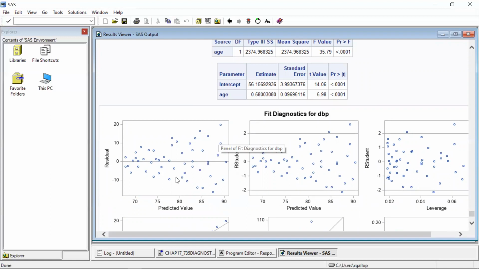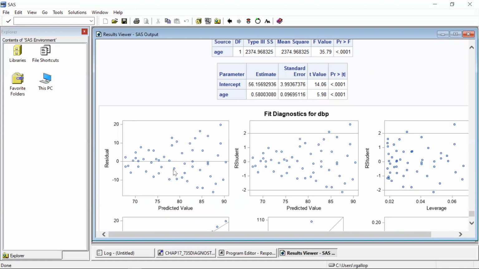Now, you may look at that and go, okay, I see a violation of homoscedasticity. Then some of you may look at that going, I don't see a violation of homoscedasticity. Then some of you may be looking at that going, what are you looking at? Either way, it's totally subjective.